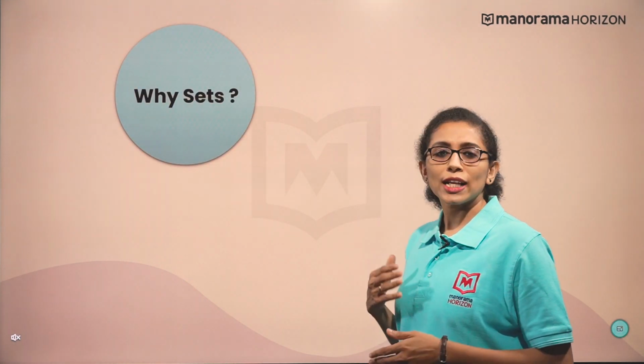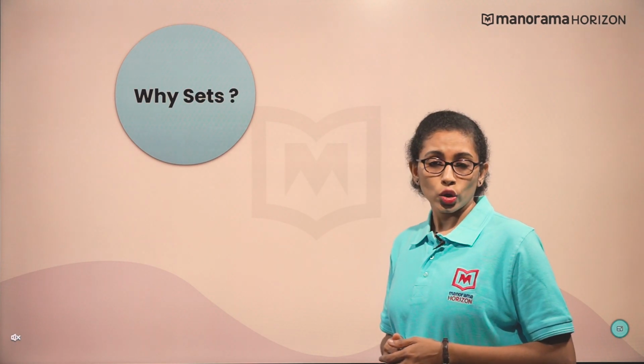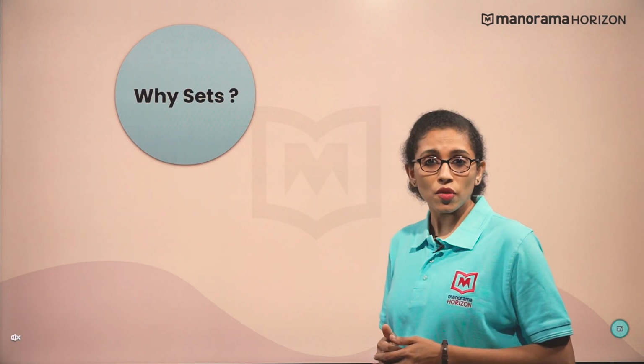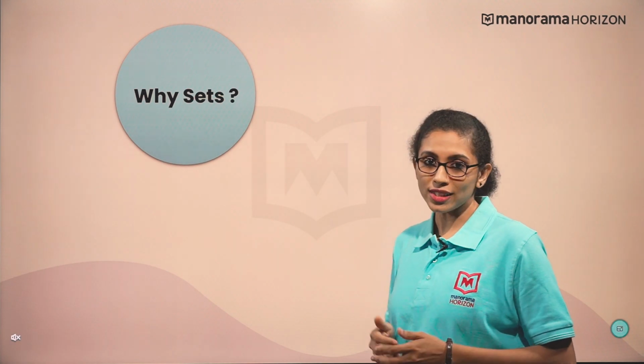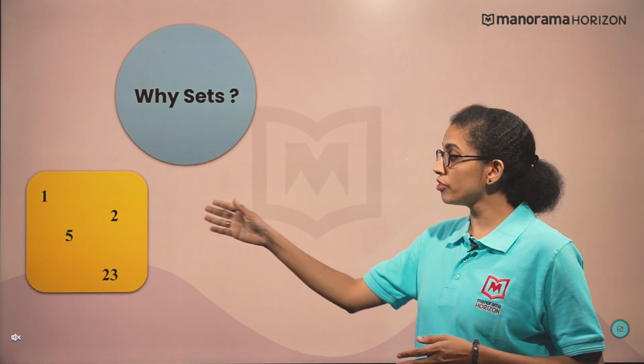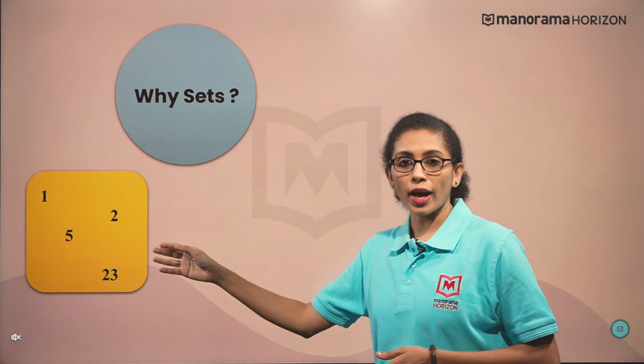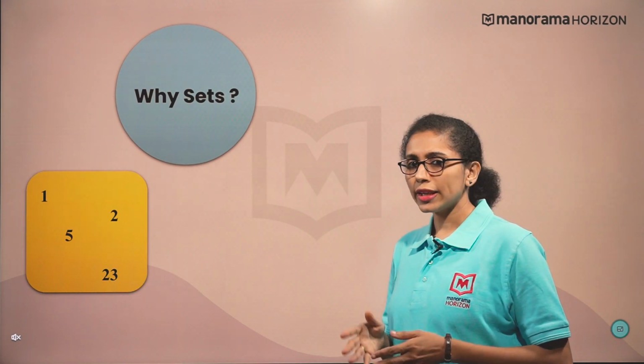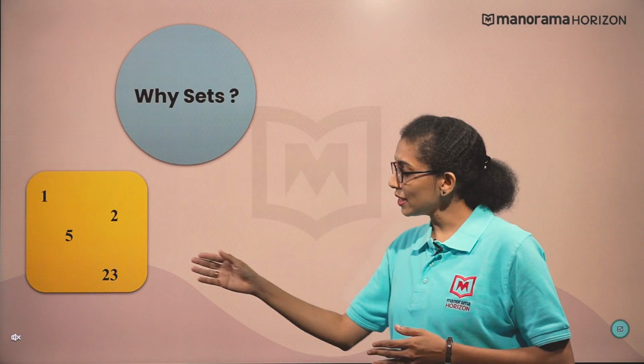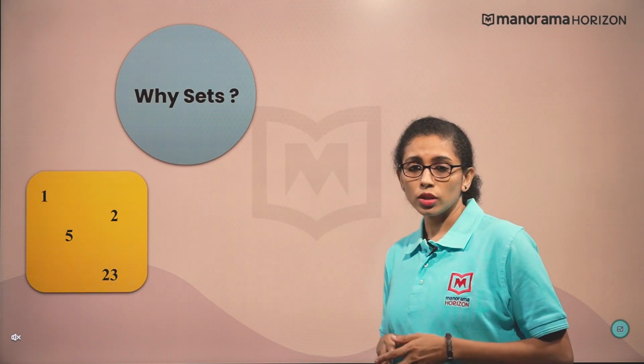Now, a natural question arises, why do we need to learn concepts of sets? Maths is all about numbers, right? Can you see a group of numbers on the screen? 1, 2, 5, 23. Can you guess which group these numbers belong to?